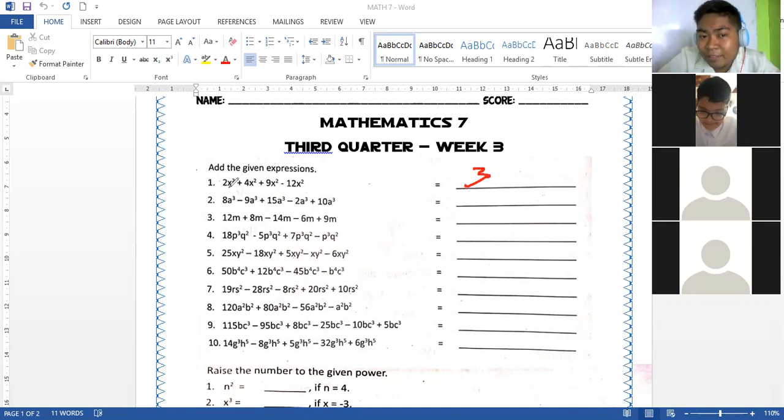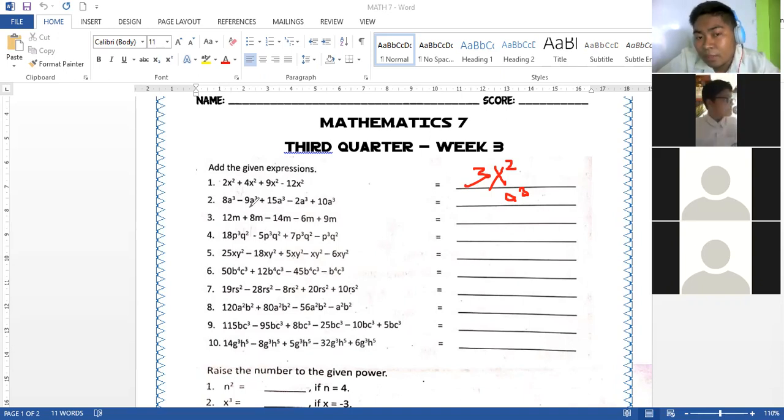Ito naman, x squared, x squared, x squared, x squared, magkakaparehas lang yan. Walang mangyayari sa exponent niyan. Nakuha? Ganyan lang yan. Ito a cube, a cube, a cube, a cube, a cube. Therefore, this is a cube. 8 minus 9, negative 1.